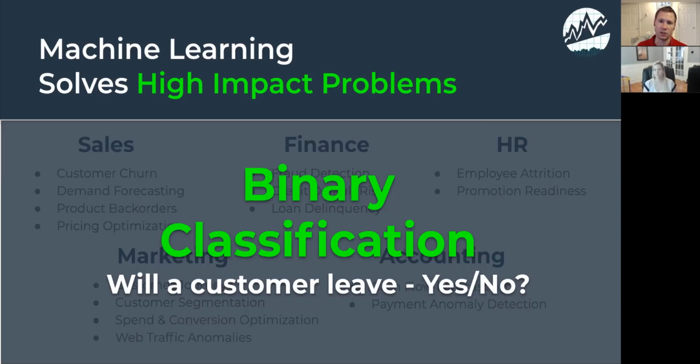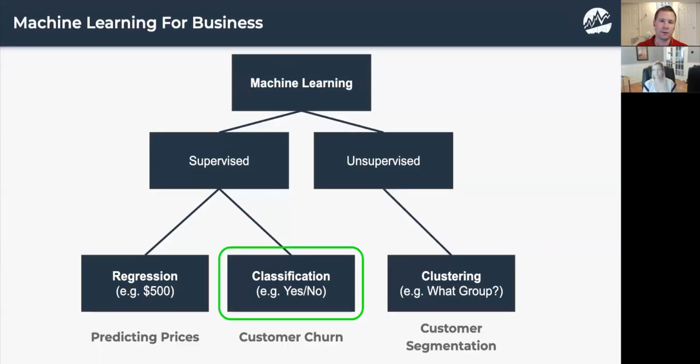And binary classification, that's what we're going to be talking about today. It's one of the tools that'll save your company the most money. And for those that are unfamiliar with machine learning, if this is the first time that you're being exposed to it, machine learning gets a reputation of being highly complex, but what it boils down to is a framework for analyzing a few different types of problems.